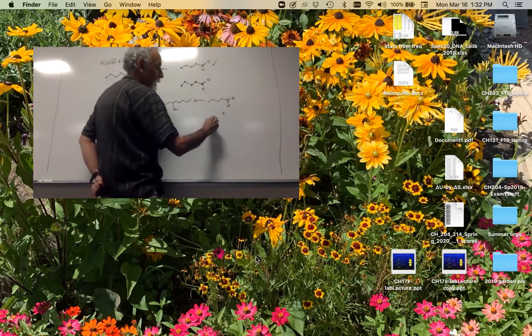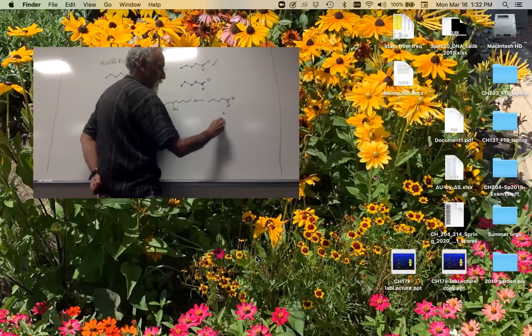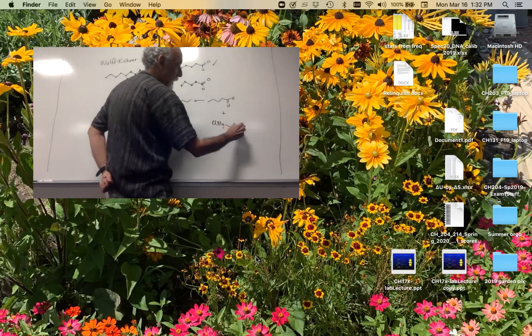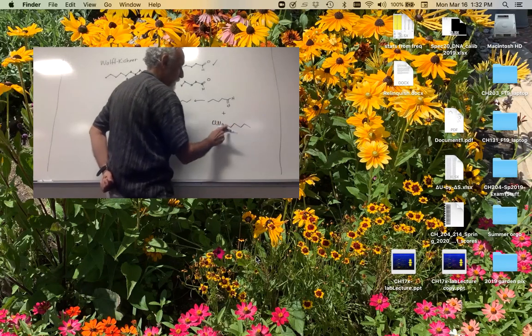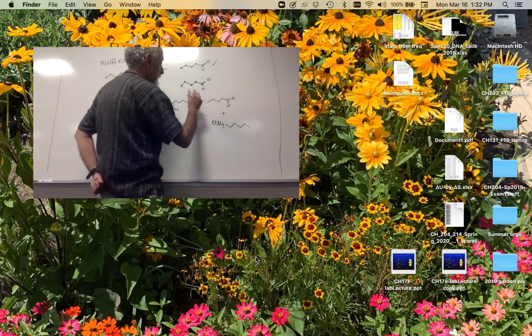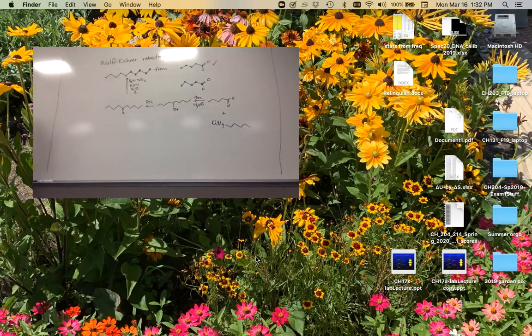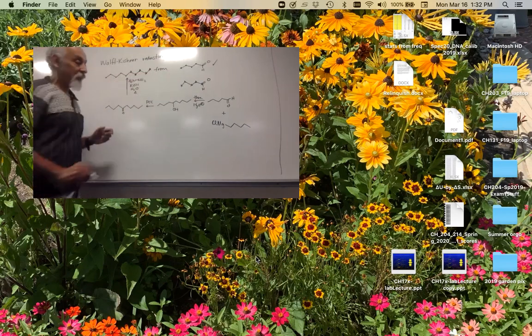Reacting with something like a Grignard reagent. Now this is going to be the other 5 carbons. 1, 2, 3, 4, 5. This plus this, then H3O plus. And so that's how we could make that alcohol in a way that preserves these 5-carbon fragments.